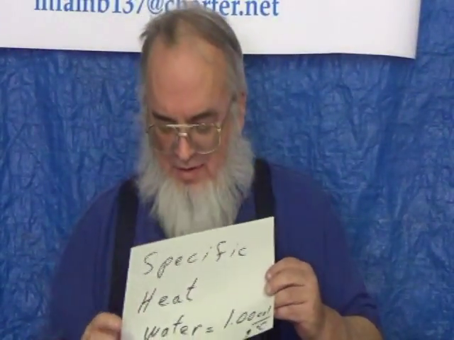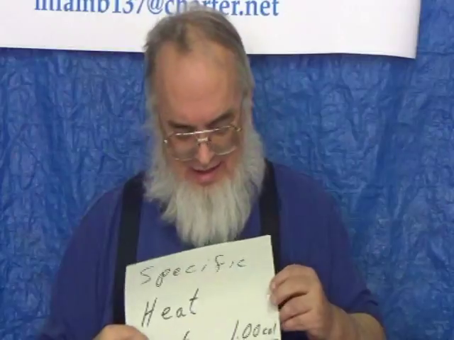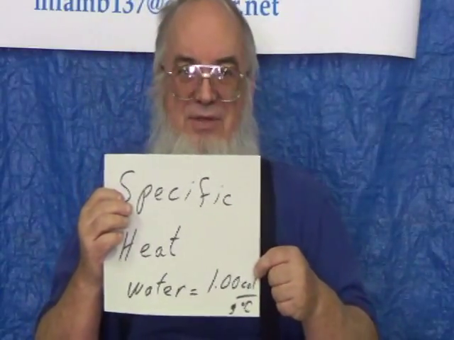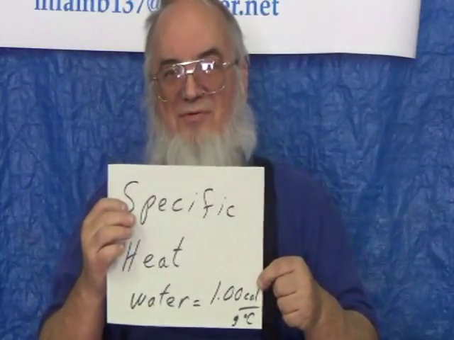Okay, specific heat. Water is defined as having a specific heat of 1 calorie per gram degree Celsius. In fact, that's how a calorie is defined: the amount of heat necessary to raise 1 gram of water 1 degree Celsius.